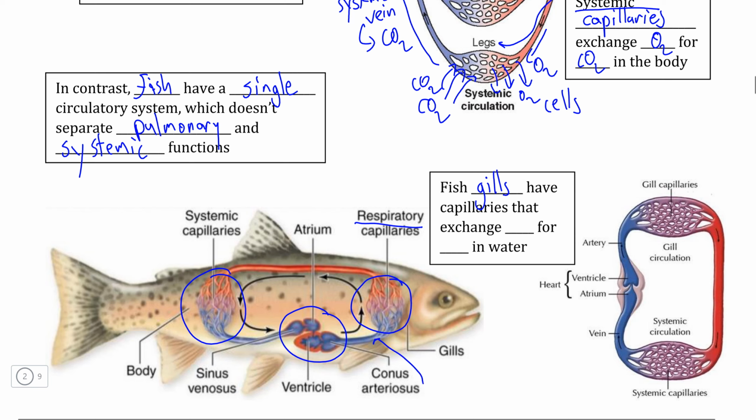We can see that this would be the pulmonary artery of the fish, and this is definitely considered an artery because it is transporting deoxygenated blood away from the heart.